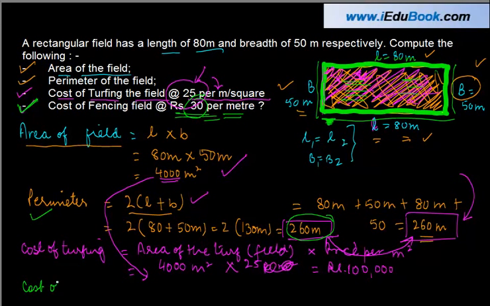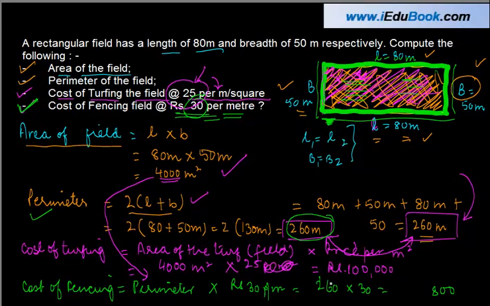So the cost of fencing is nothing but the perimeter, which is nothing but the length of the entire field, into rupees 30 per meter, right? Perimeter is how much? 260 into 30, 0, 0, 8, 1 carry, 3 times 2, 6 plus 1, 7. 7,800 rupees, right? So the cost of fencing the field is 7,800.